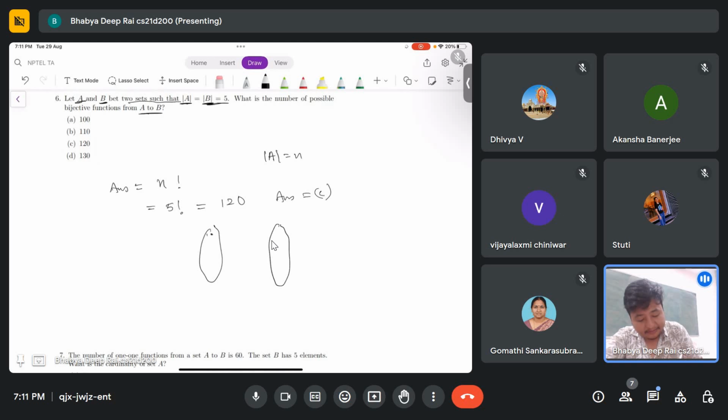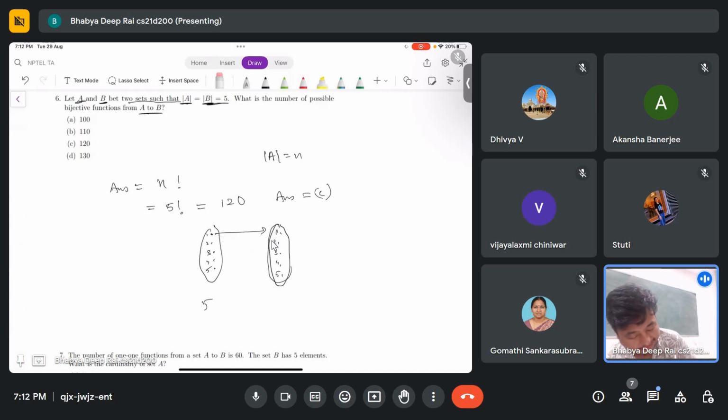There are 1 2 3 4 5 elements here, and 1 2 3 4 5 elements here, and I want to do a one-to-one mapping, and also cover the entire set. So for 1, if I want to map, how many choices do I have? I have 5 choices, correct?